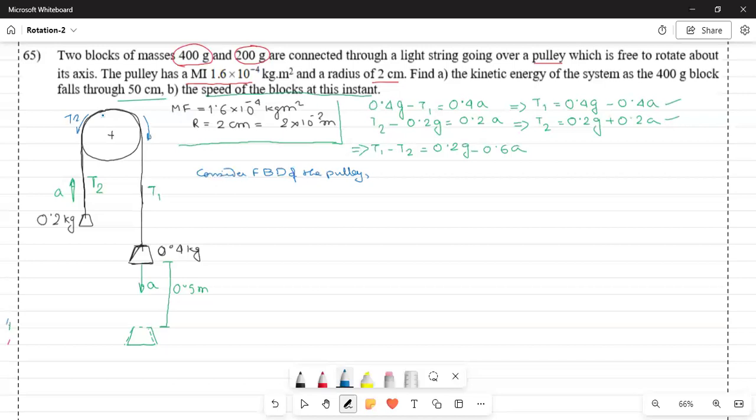This is due to T2, this is due to T1. So net torque is due to T1 minus T2.